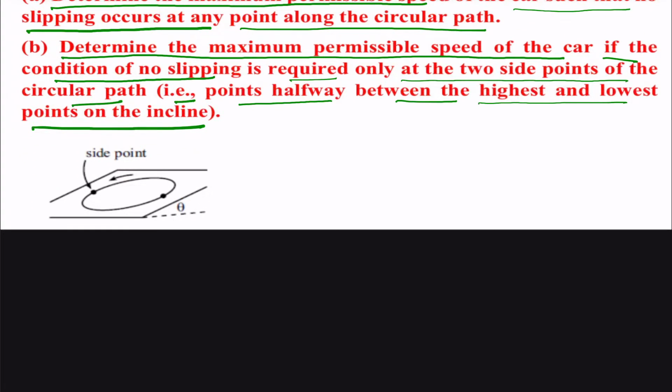Basic figure is given to us. We have a plane, and the horizontal making an angle of theta, and the car is moving in a circular path. And these two are our side points. So this is the basic question. In this particular question, we have to remember that the weight, that is mg, will always be acting in the downward direction.